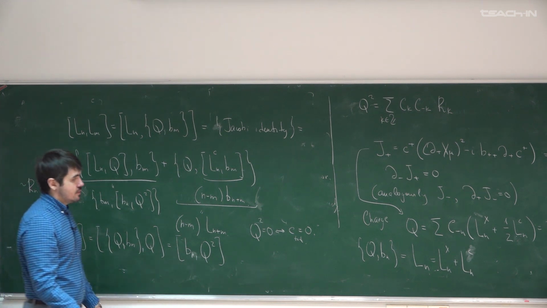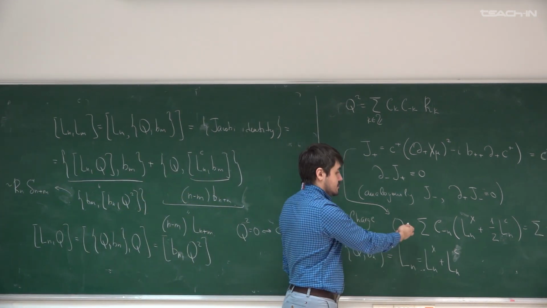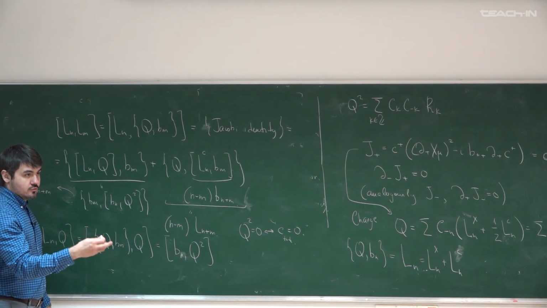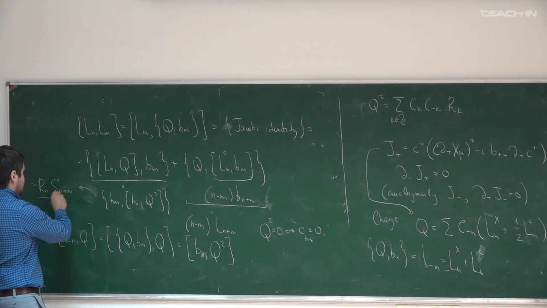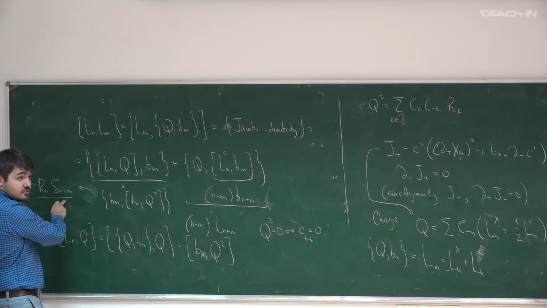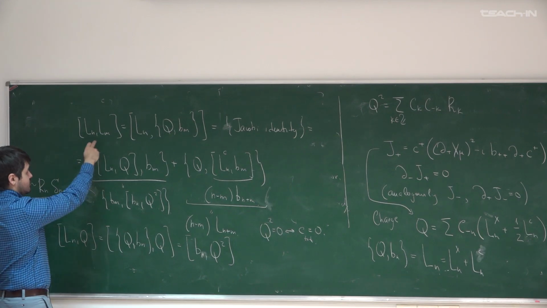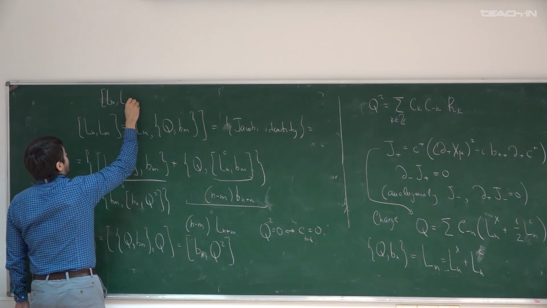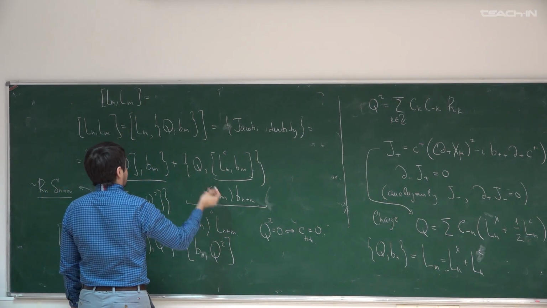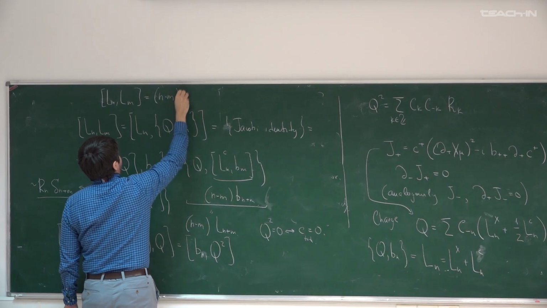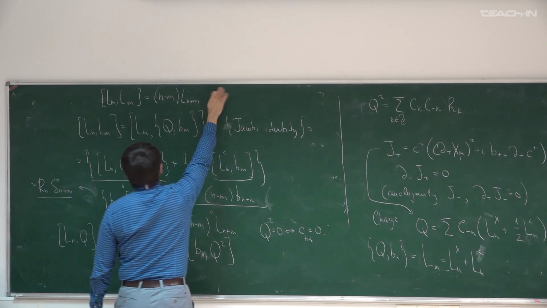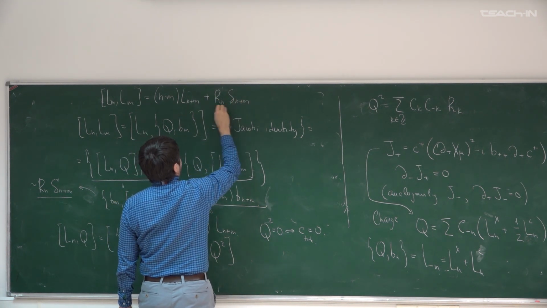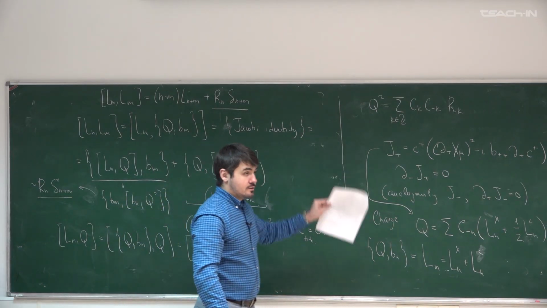So on general grounds, Q squared will be a quadratic combination in the C's, and what stands here is a double commutator with B's. Each commutator removes one C, and you get precisely this term. This is the central extension in the algebra. So what we've derived is that Ln with Lm is n minus m times Ln plus m, plus Rn delta n plus m, where Rn are the coefficients in Q squared.